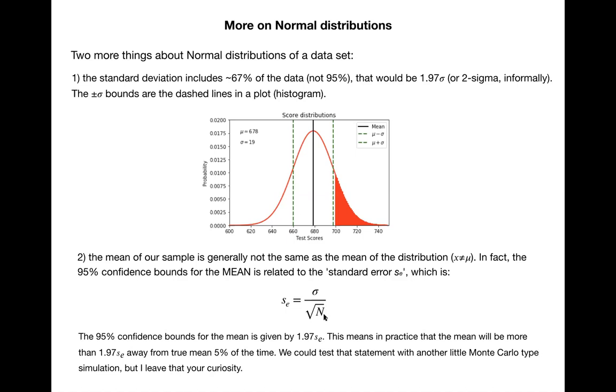So the mean of a sample taken from a normal distribution is within the 95% confidence level of 1.797 SE, right? So this means that if you take a sample from a normal distribution, the mean will be within plus minus 1.797 SE. And you can test that with the Monte Carlo simulations that you did yesterday.